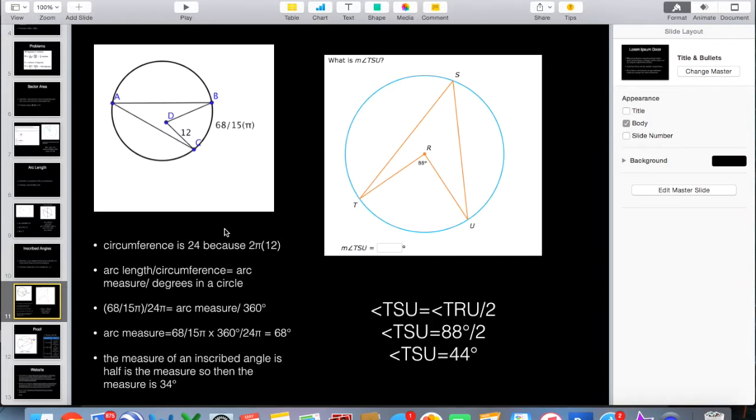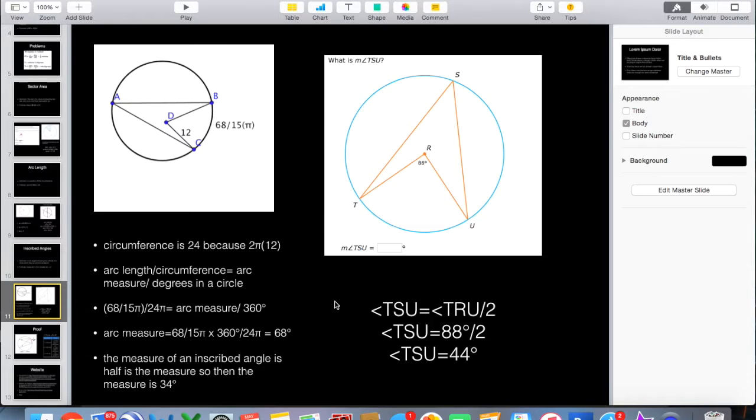So because we don't know the arc measure yet, it would be arc measure equals 68 over 15 pi times 360 over 24 pi, and it would equal 68 degrees. Now the measure of an inscribed angle is half of the measure, so then the measure would be 34.